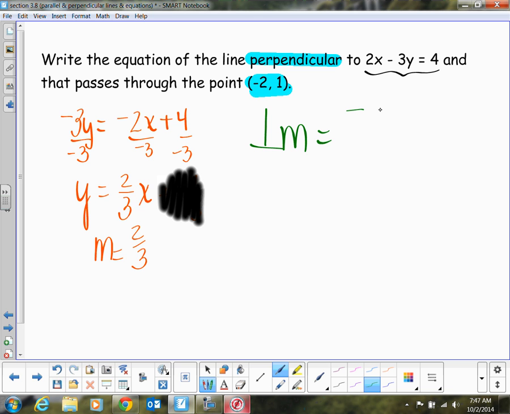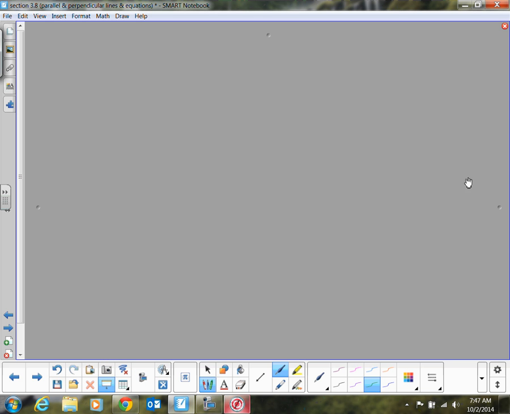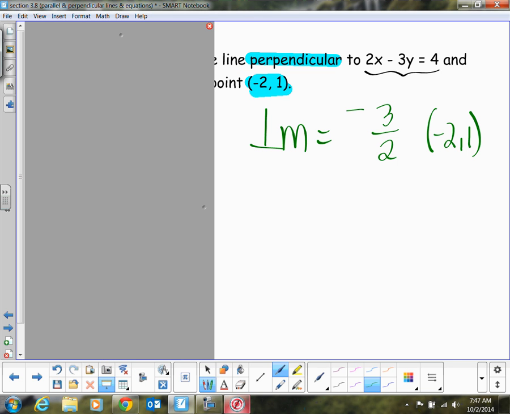Opposite. There you go. You've got to turn it upside down. So we're going to use this slope, and we're going to use this point, and we're going to write the equation of the line. At this point in time, basically, what we did over here is no longer needed. We only needed what was underneath here to find the slope of 2/3.